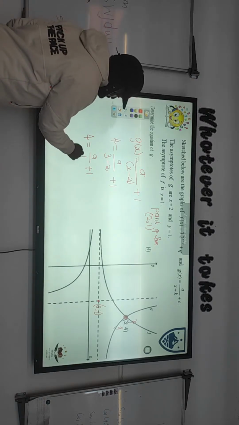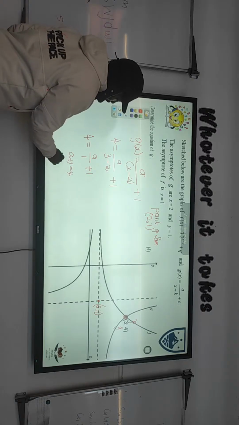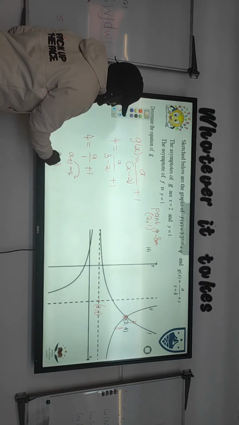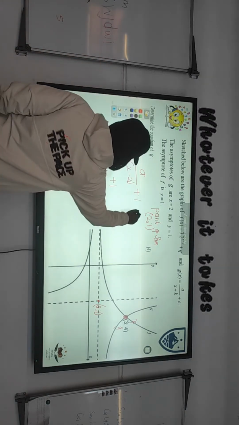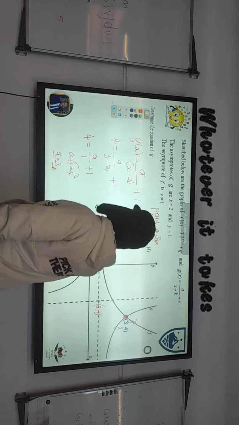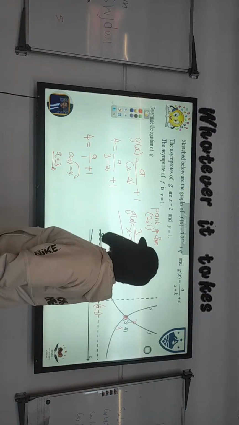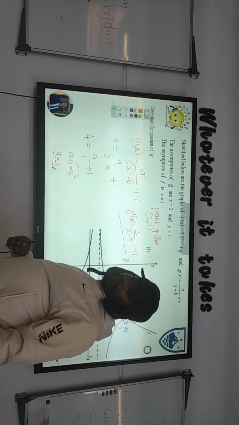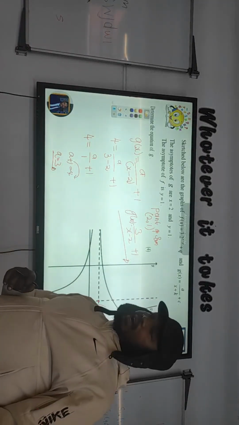So a plus 1 equals 4. So a, transpose this to the other side, is just equal to 3. So our equation will simply be g of x equals 3 all over x minus 2 then plus 1, becomes our equation of that hyperbola.